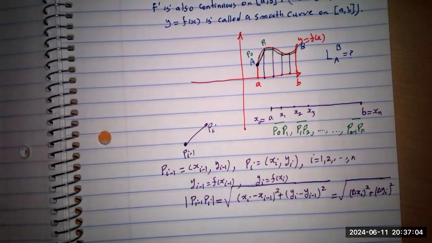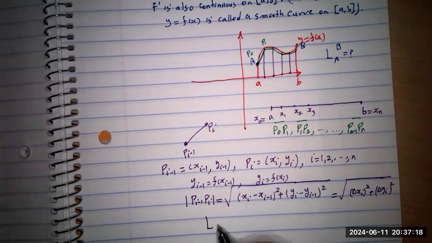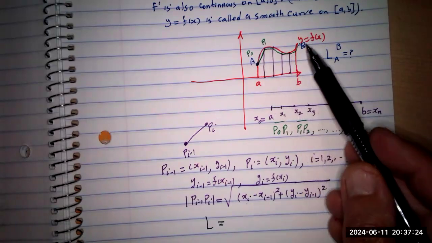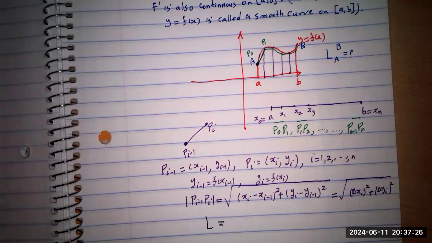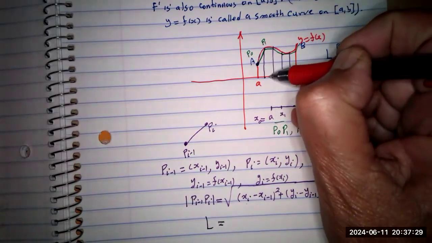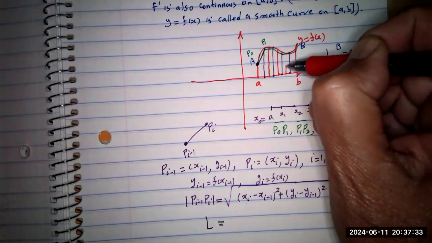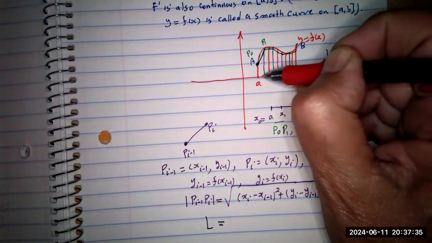Now the arc length is the one where you add all these together and then you estimate it. So your arc length is going to be approximate. Of course, this is going to be an estimate. If you want a better estimate, you can add more partition points. If you add more partition points, then you are going to have a better estimate.